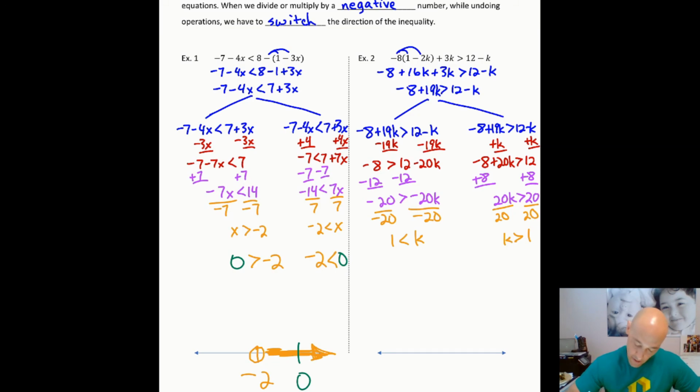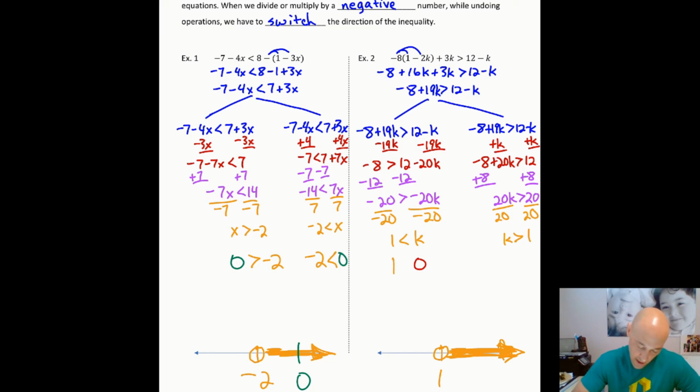So I have 1, and it's an open circle again because there's no equal sign. K is greater than 1, or 1 is less than k, so I'm shading this direction. And then we're going to try a test point. Our test point is going to be 0 again.